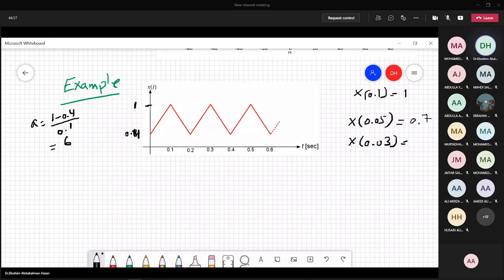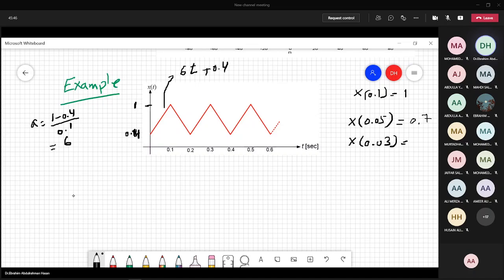So we found the slope. Try to find the equation of this line, which we have been learning since the first week. This line has a slope of 6 and a y-intercept, so it is equal to slope 6 multiplied by t plus the y-intercept, which is equal to 0.4.